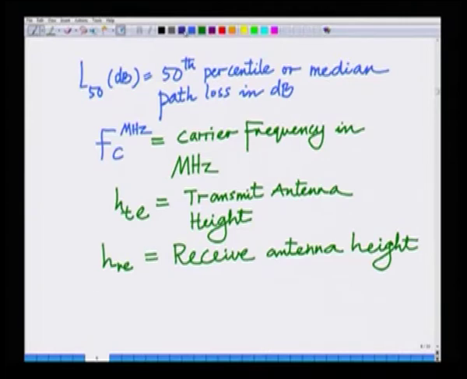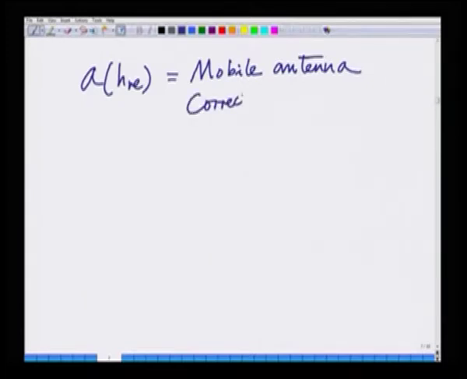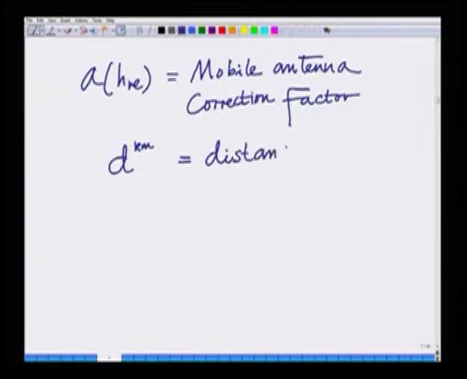The factor A(HRE) is nothing but the mobile antenna correction factor. d kilometers is the distance in kilometers.